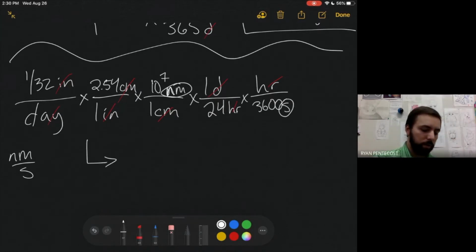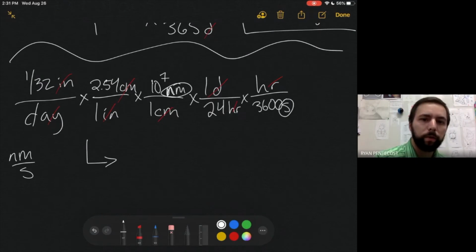So we take 1 divided by 32, multiply by 2.54, multiply by 10 to the 7th, divide by 24, then divide again by 3600. And I got 9.1. Let's see, what are our sig figs in this?